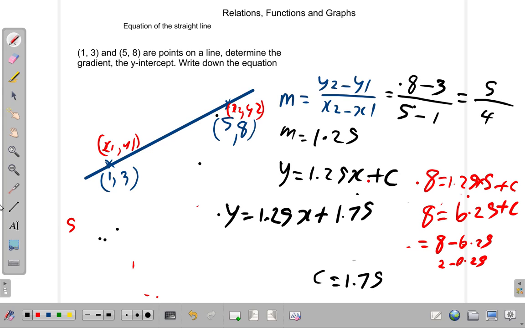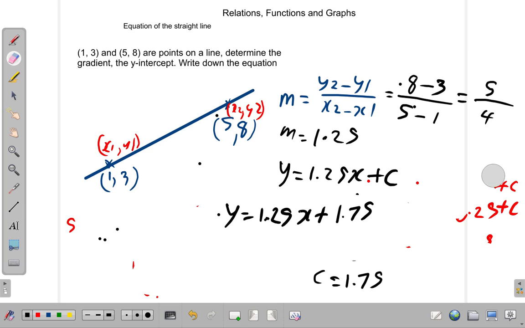Let me erase some of these things first. It can be a bit distracting when you have so many things all over the board. And let's see how we can write down this equation other than writing it as y equal 1.25x plus 1.75.